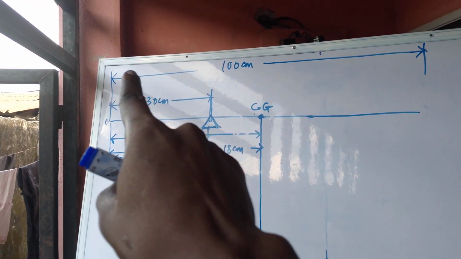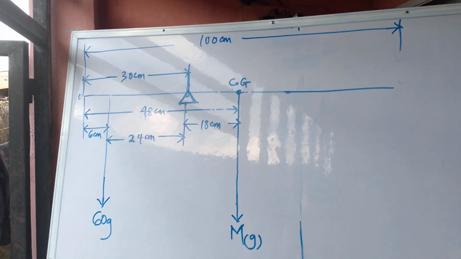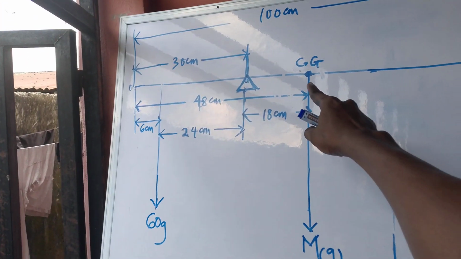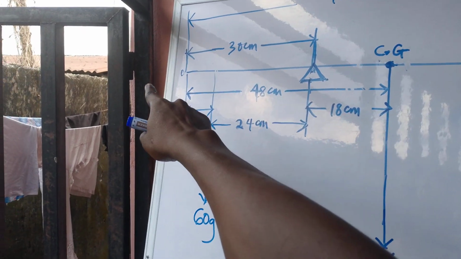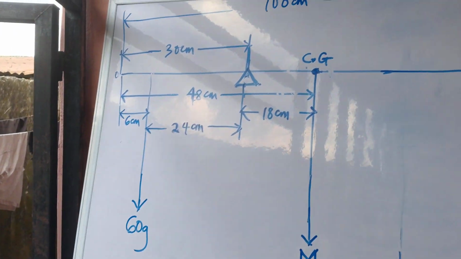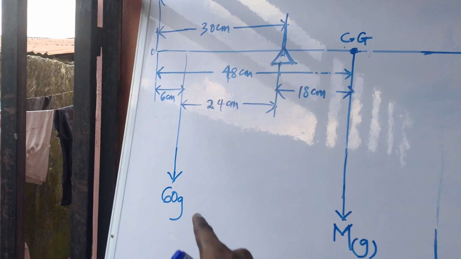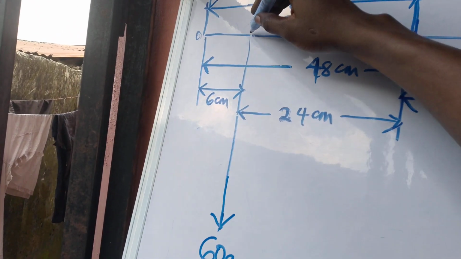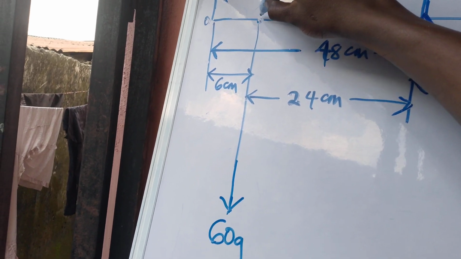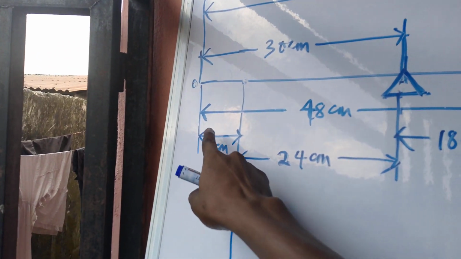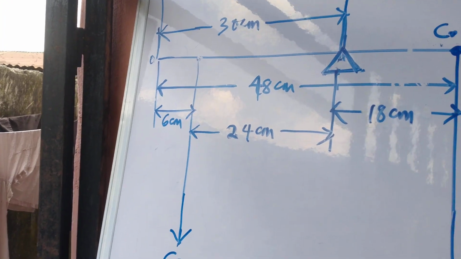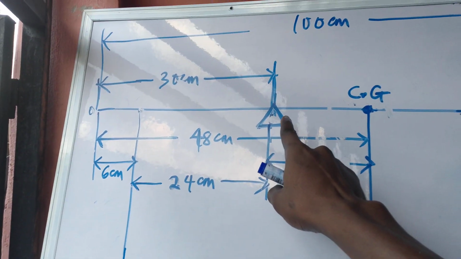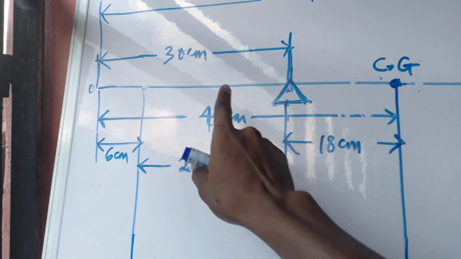This shows you 100 centimeter, the total length of the meter rule, and it was found to balance at the 48 cm mark. At the center of gravity, the distance from there to there is 48 centimeter. Then a body of 60 gram was placed at the 6 centimeter mark. The pivot, which is the balance point, is at the 30 centimeter mark.